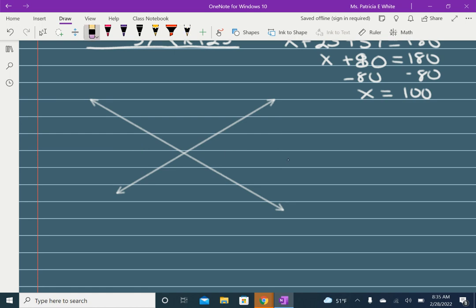Do you remember what the name of these are? Vertical angles. They are opposite of each other. They only touch at that vertex. Angle A and angle B will always equal each other. And if I said this was C and D, then these two, C and D, would also equal each other.